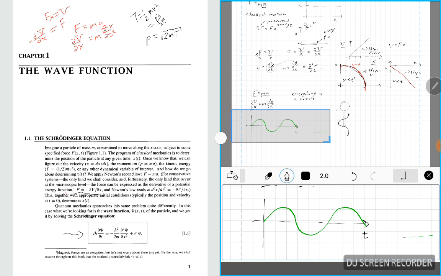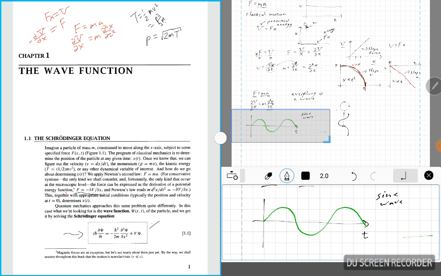All I do is just flip that on its side and I get a wave. I'm going to use a sine wave because I'm going to decide that it started at 0. And what we're assuming in this equation here is that everything's going to follow these mechanics.